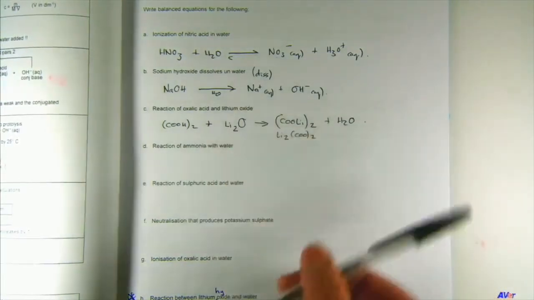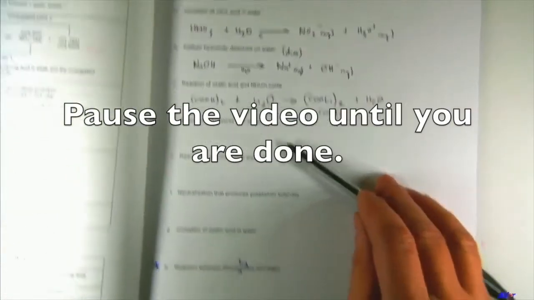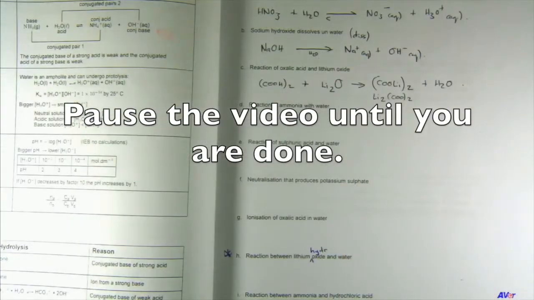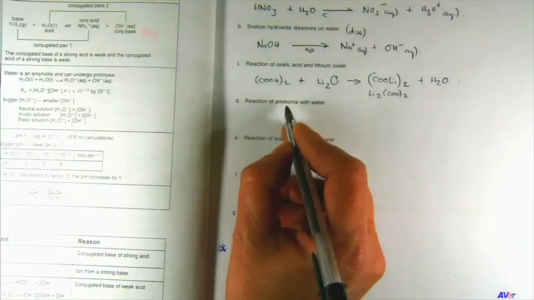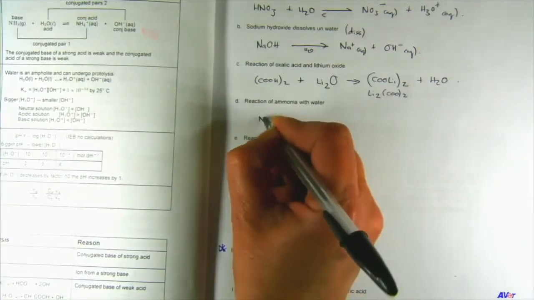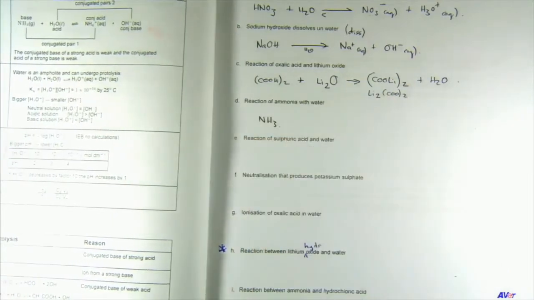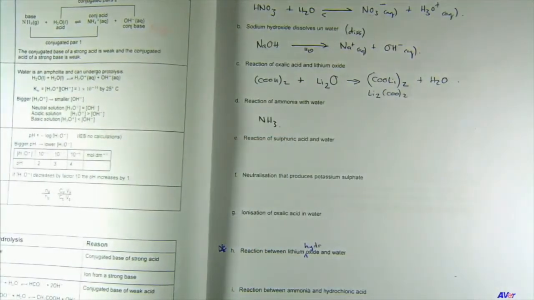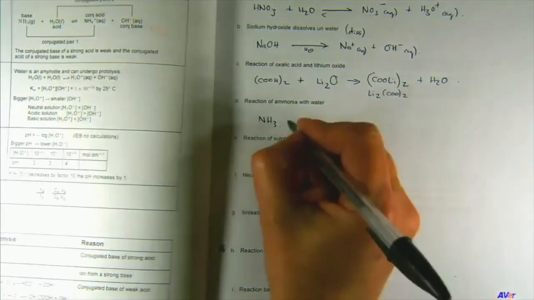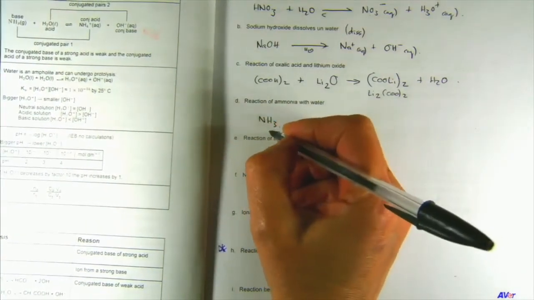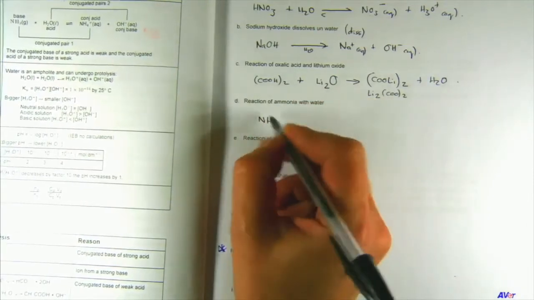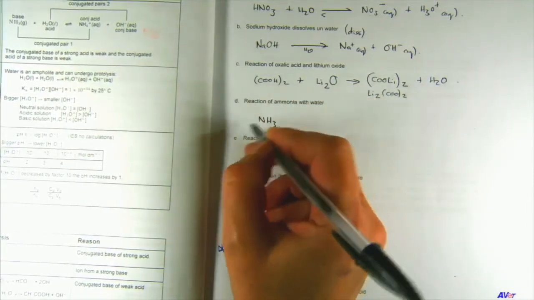Go on from number D. Number D, ammonia and water. The moment that you hear ammonia, you have little bells ringing. This is the strange one, it does different things. If that one is a base, what type of base? This is our covalent base, and it's a weak one.